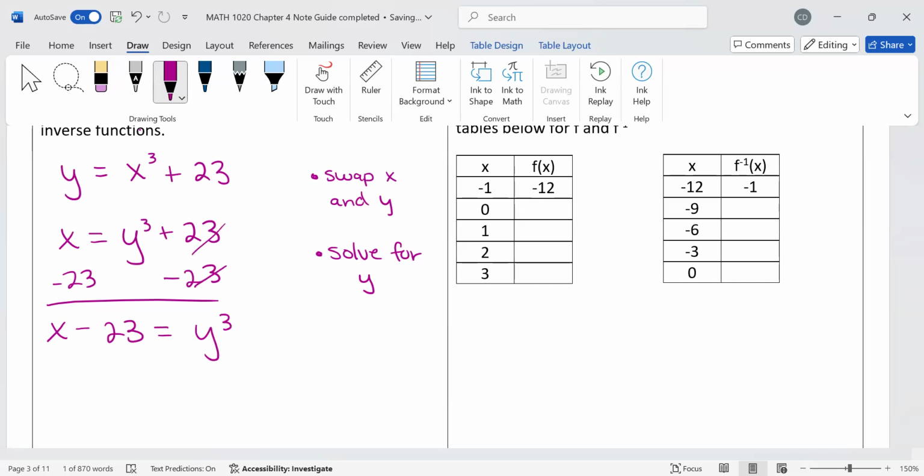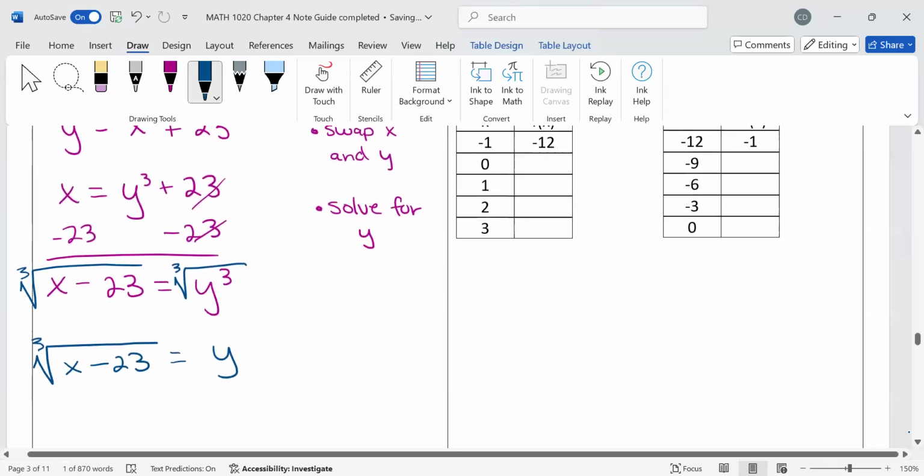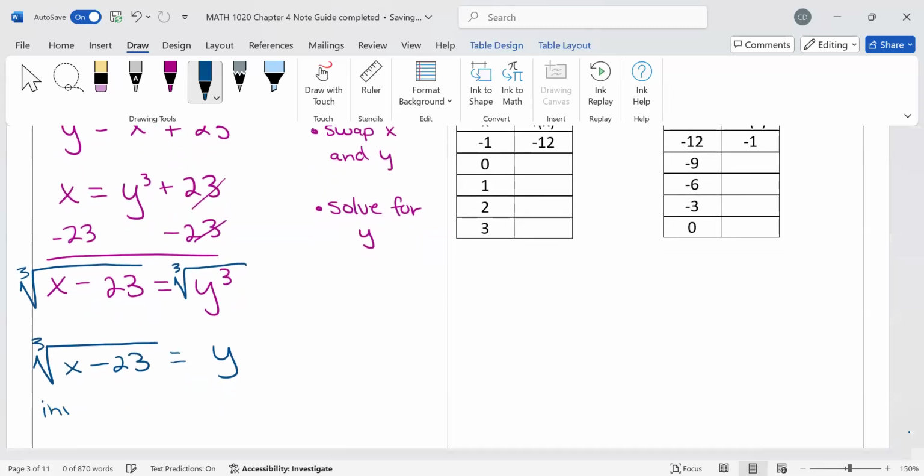And to get rid of the cube on the y, you're going to take the cube root of both sides. So this is the inverse of f of x.